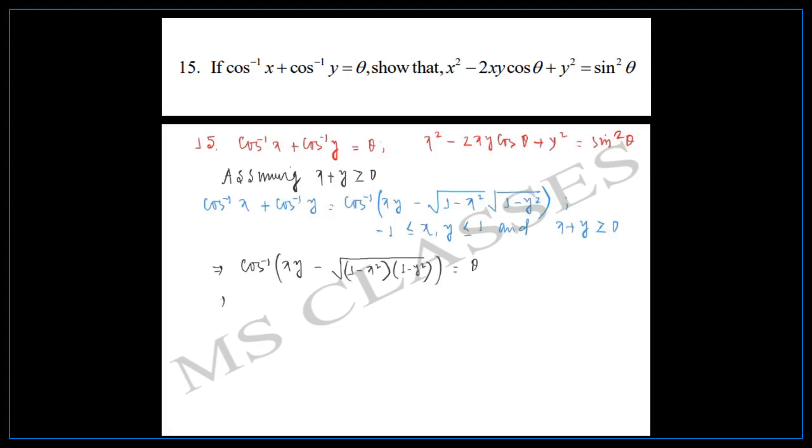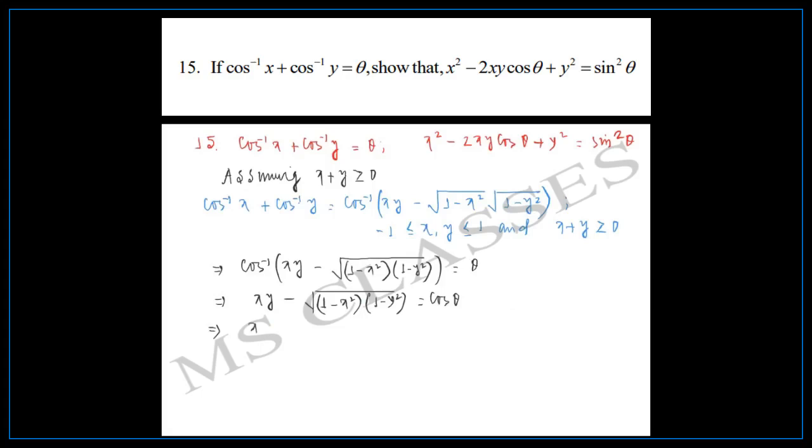Now we can write here xy minus root under of 1 minus x square into 1 minus y square equal to cos theta. Now while solving these cases, we take all the rational terms on one side and the irrational term on the other side.